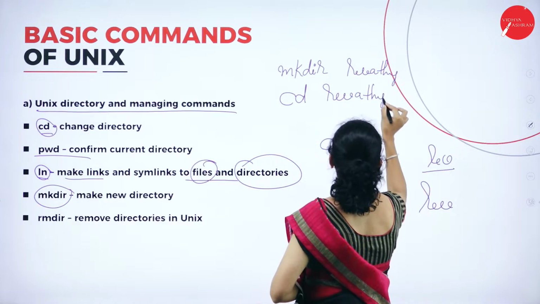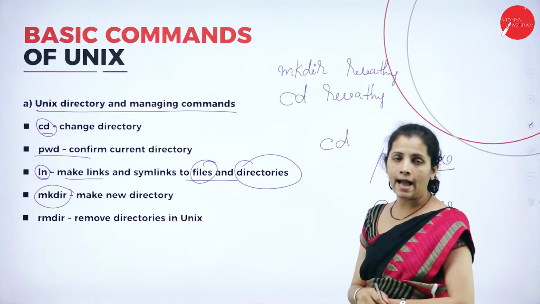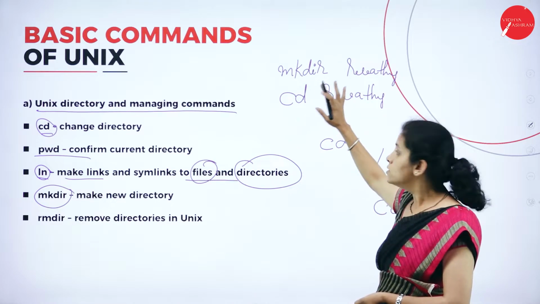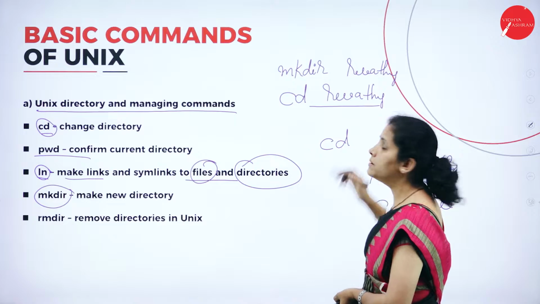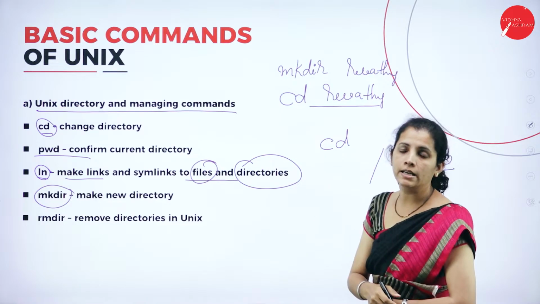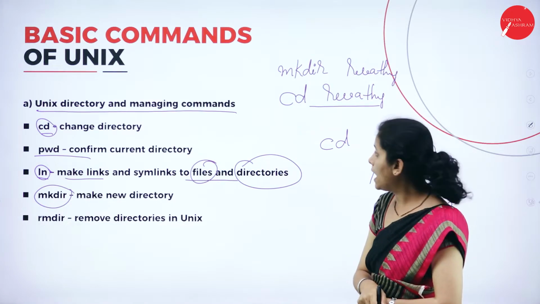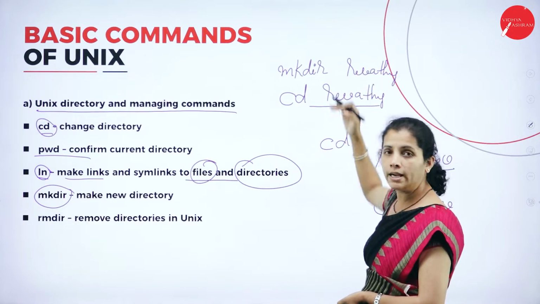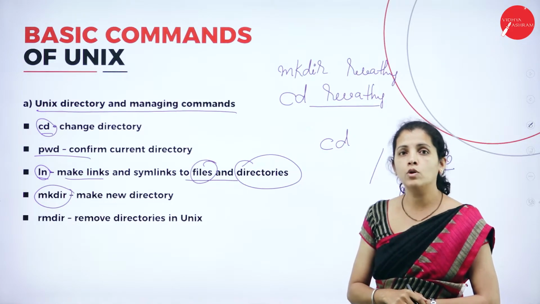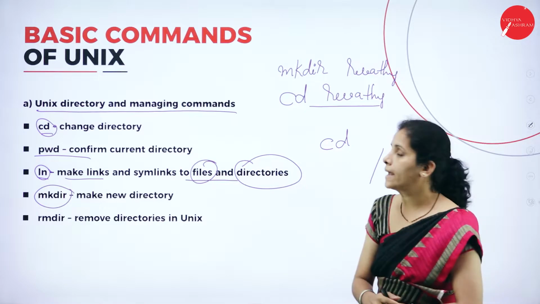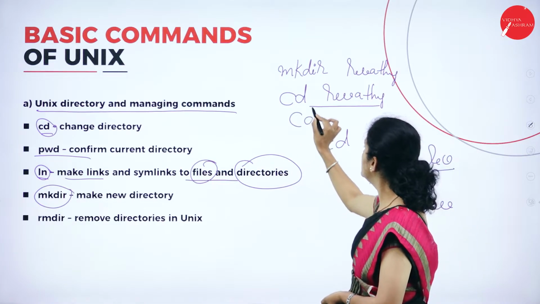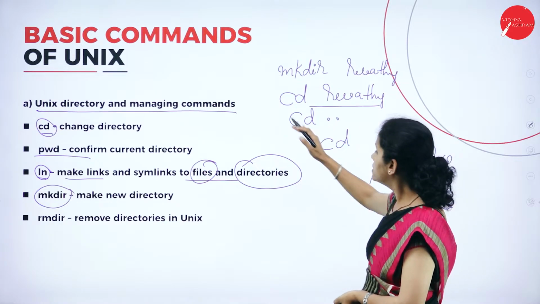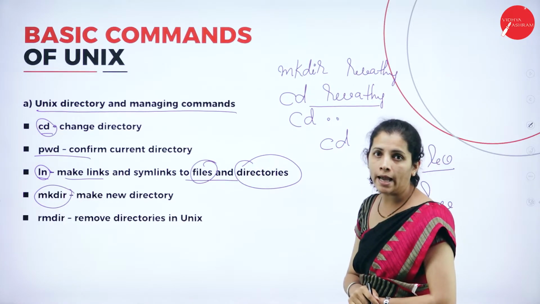Okay. Now, think that I want to remove this directory. Think that I am in the present working directory, that is Revati, and I want to remove that directory. To remove that directory, what do I want to do? I want to go one step back. That is cd dot dot. Now, think that I am under the root directory.